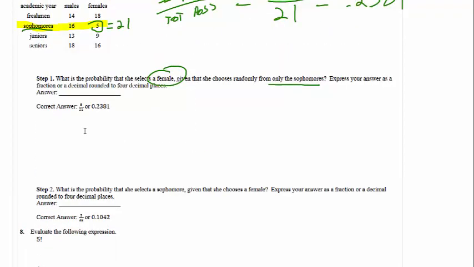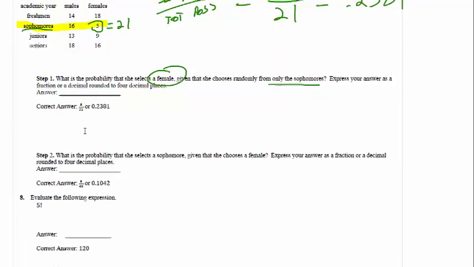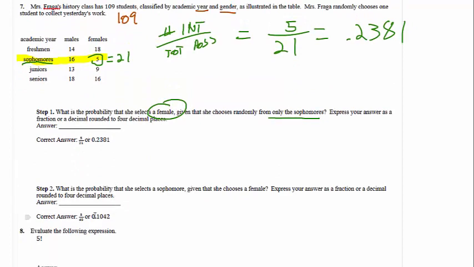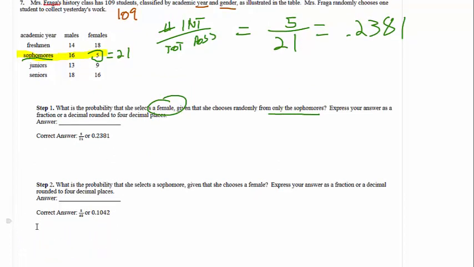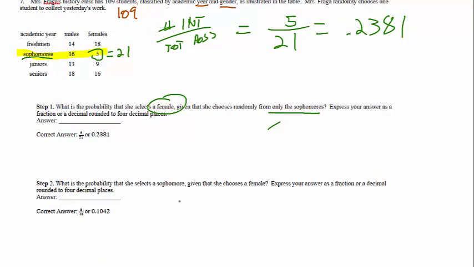Step 2, let me get them closer together. Let's get some space over here. What is the probability that she selects a sophomore given that she chooses a female? Well, in this case, we're going to go the other way. We're going to go south. So our population here is the females.